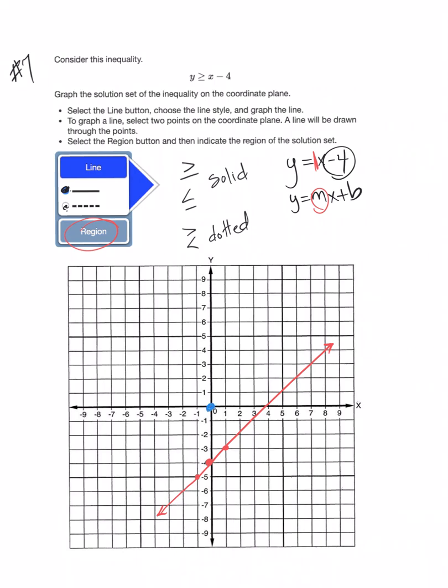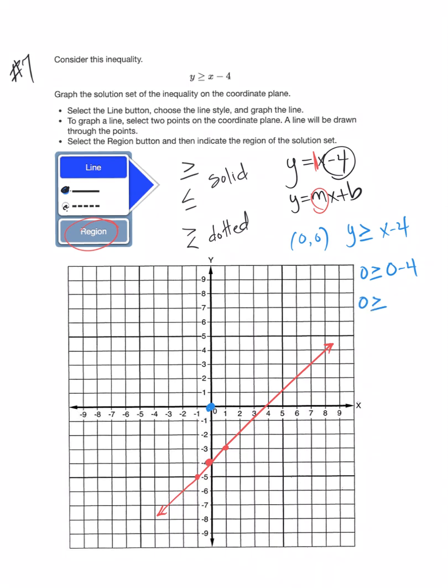Okay, so at 0, 0, that means my value of x is 0 and my value of y is 0. So if I take my original inequality, y is greater than or equal to x minus 4, and plug in my values for x and y. So is 0 greater than or equal to 0 minus 4?